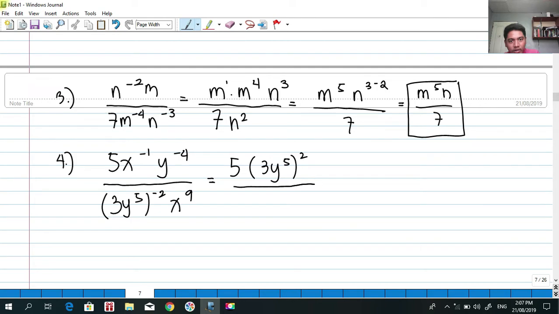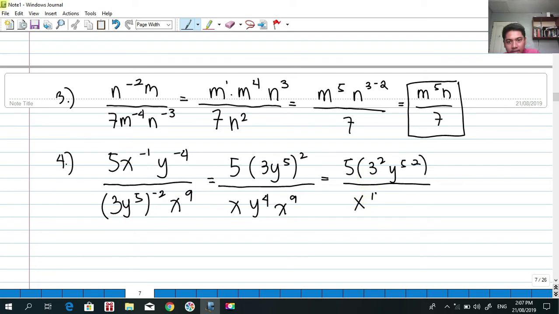And we need to bring down these two. So we have x raised to positive 1, y raised to 4, x raised to 9. So we can simplify this. So we have 5, we have 3 squared y raised to 5 times 2, because this is squared, over x times x raised to 9.